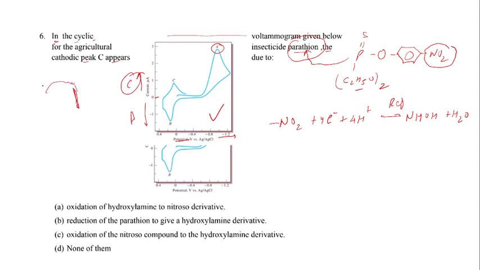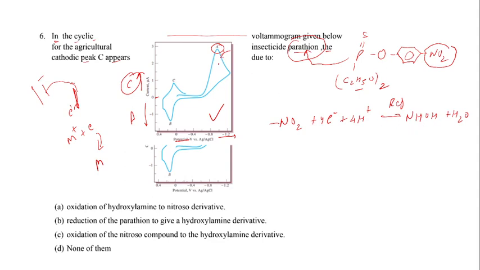It gives electrons, and if any ion like potassium is there, it will gain this electron and be reduced. The same thing happens here, because it is A, so definitely A is a reduction. Any peak above 0 is obviously a reduction.